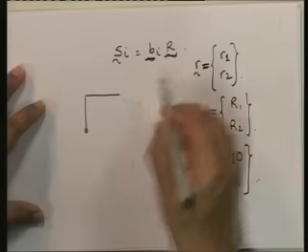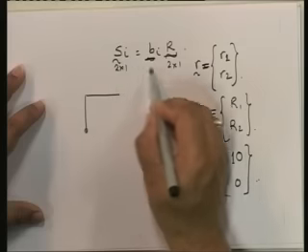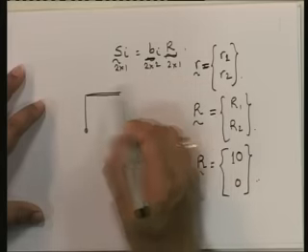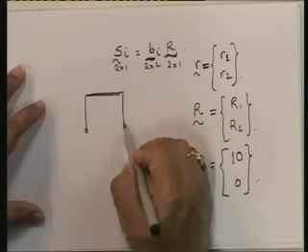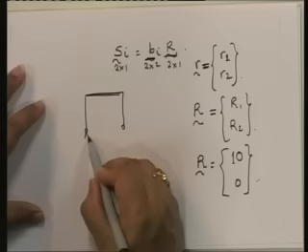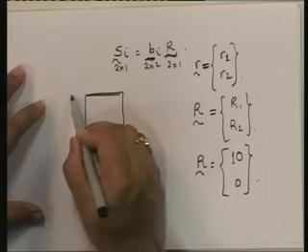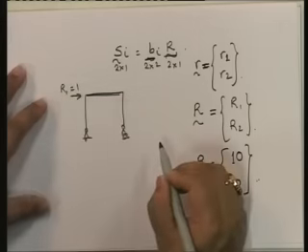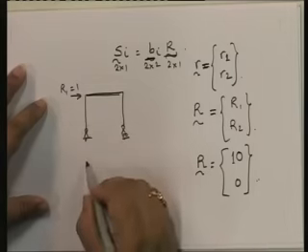This is 2 by 1 and this is 2 by 1, so B has to be 2 by 2. Now this 2 by 2 has two columns. For each column, the way we find out the column vector is this: put R1 equal to 1 and find out the member end moments.